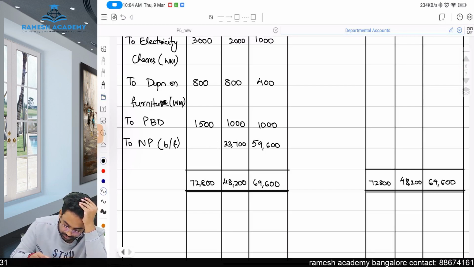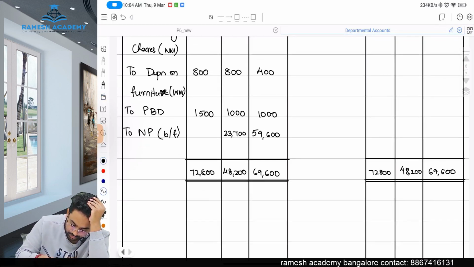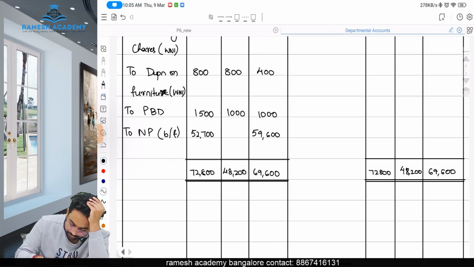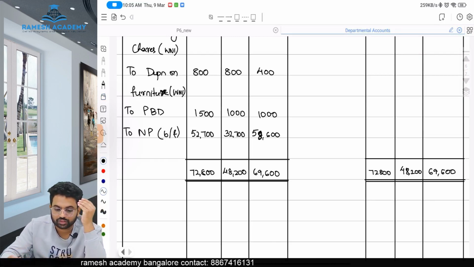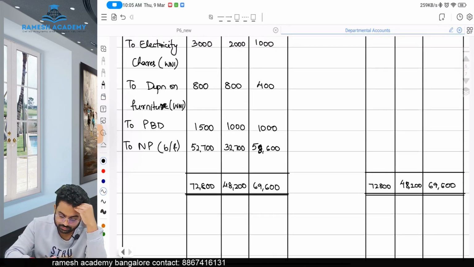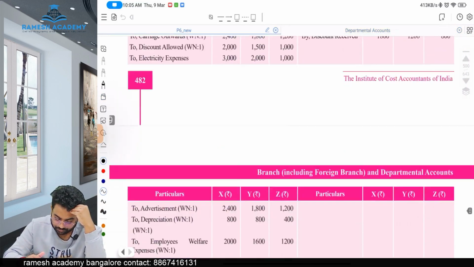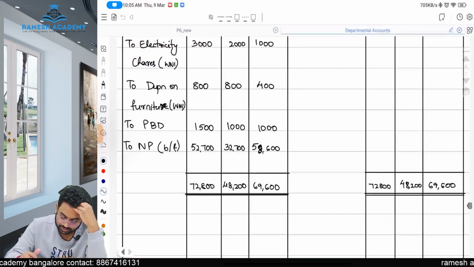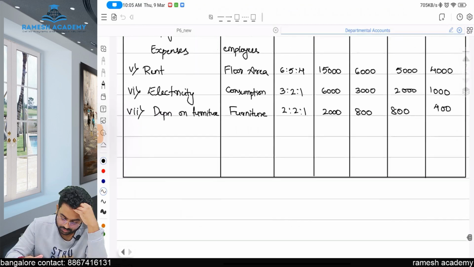That is 53,700, 52,700 it will be. This will fall by 1,000, so it is 32,700. This will be 58,600. 52,700, 32,700, 58,600. Okay, sir, done.